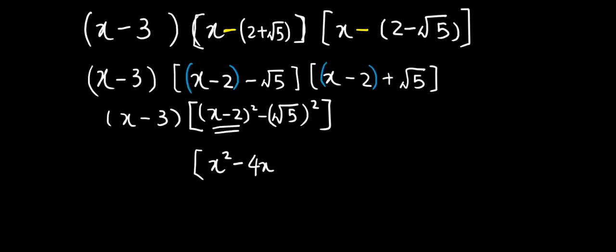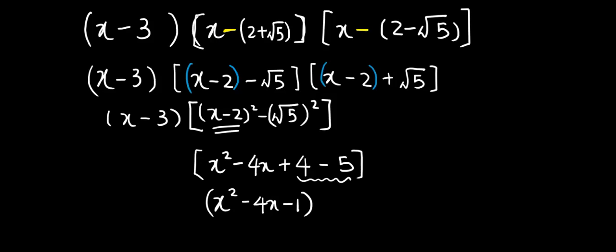X squared minus 4x plus 4. And here's minus square root 5 squared, that is minus 5. And then I'm going to combine these two. I will have x squared minus 4x minus 1. I don't need the second layer, so I can write back my parentheses. And don't forget, you still have x minus 3 here.